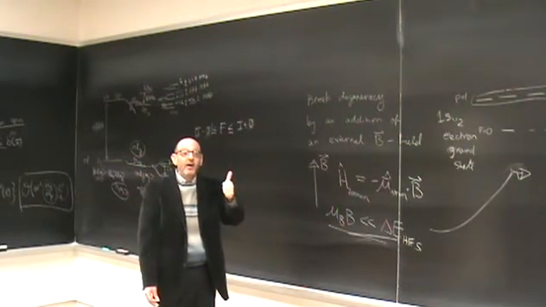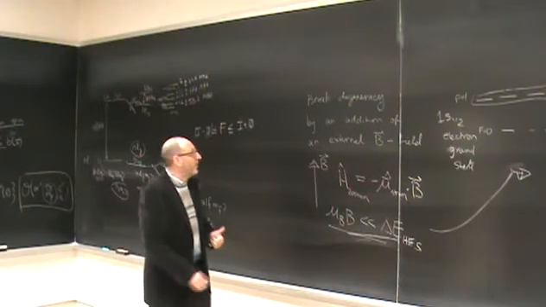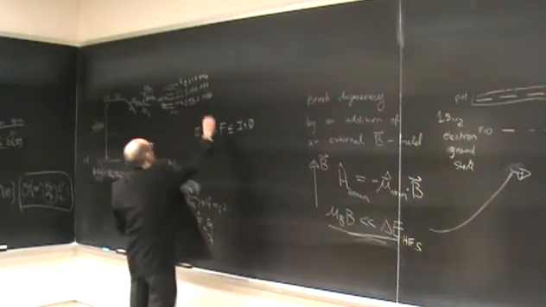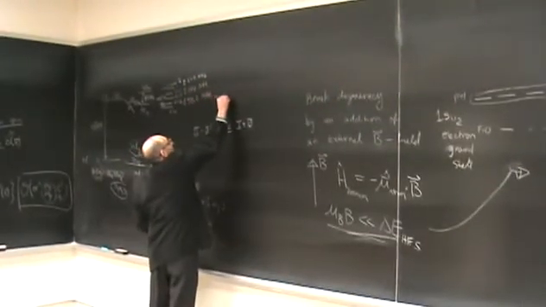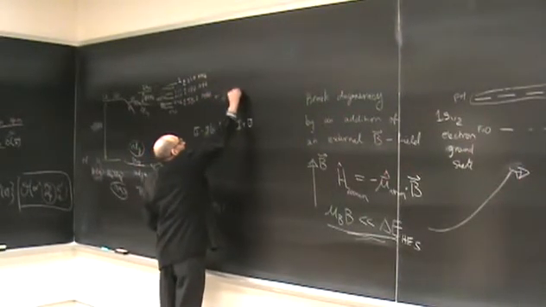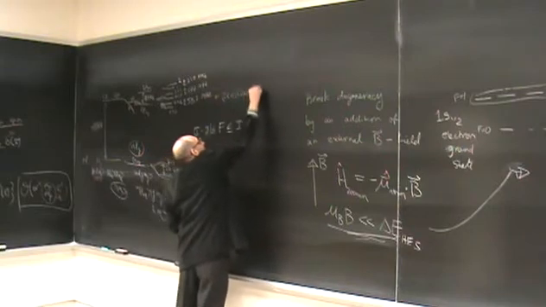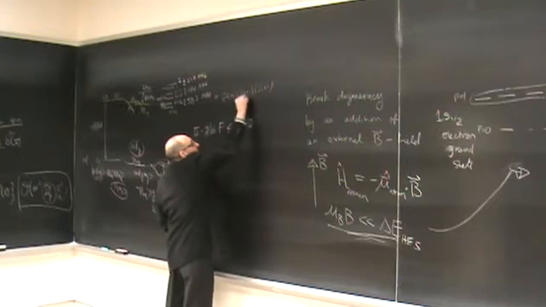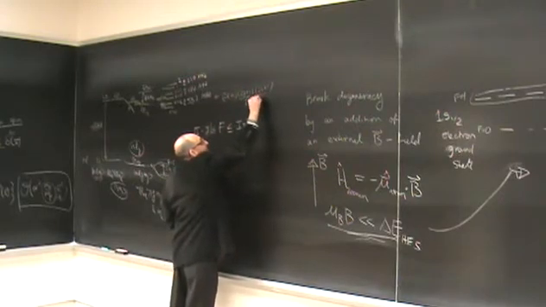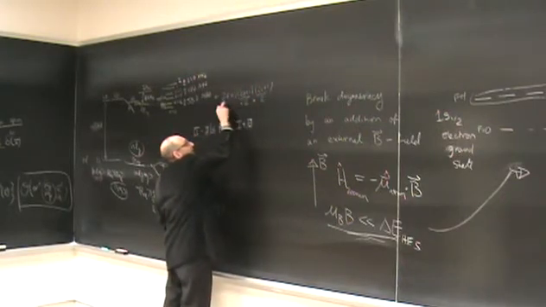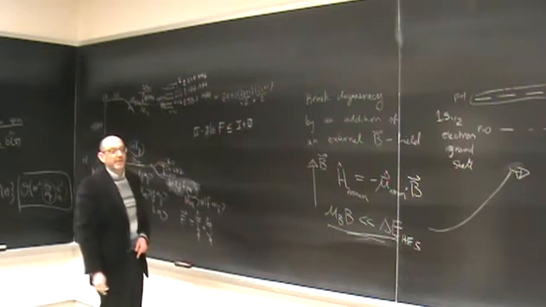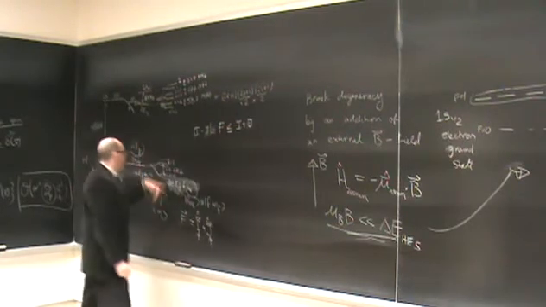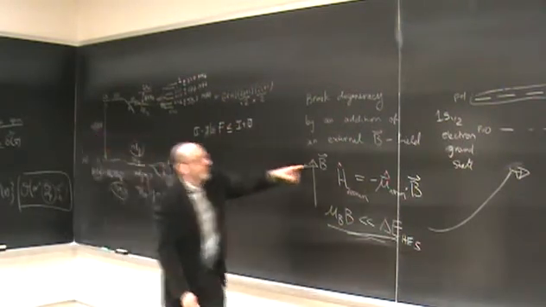Well, for L, I have 2L plus 1. So the total dimension of each of these Hilbert spaces is 2L plus 1 times 2S plus 1 times 2I plus 1. Right? And in this case, this is 2, this is 2, so it's 4 times this. So when L is 0, there are 4 sublevels. That's good. Here they are.